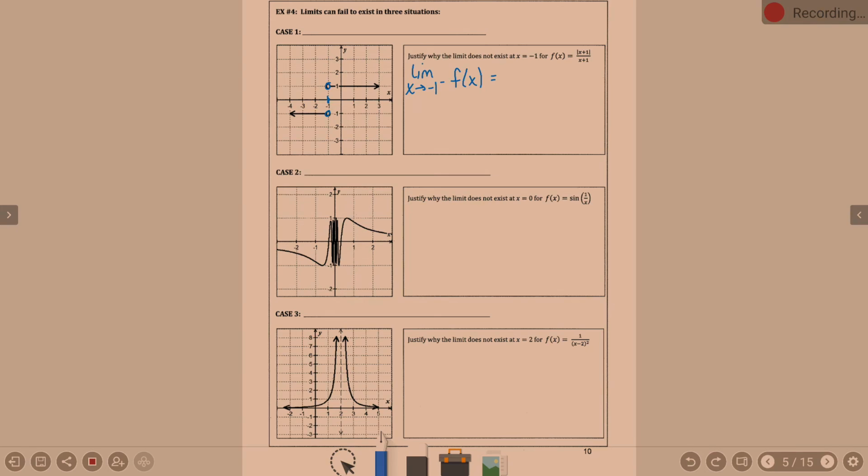Okay. What is the limit as x approaches -1 from the right? +1.